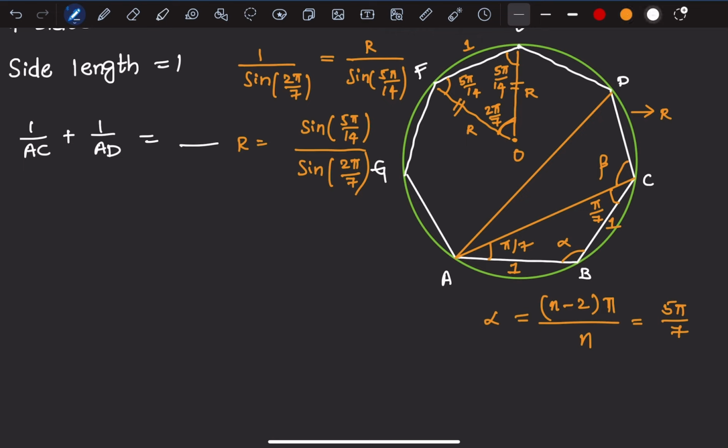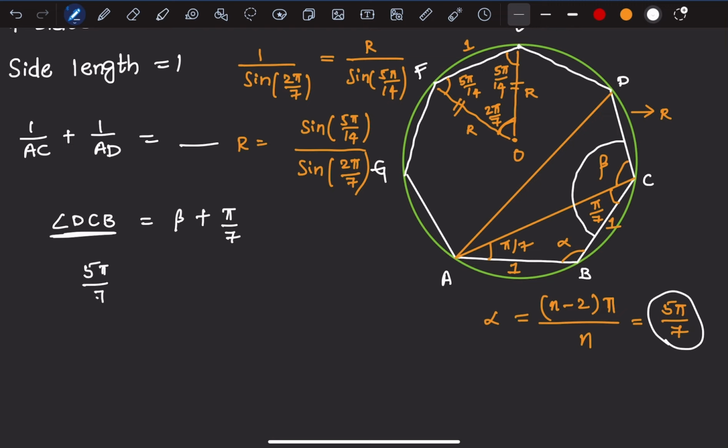The total angle DCB is equal to beta plus pi by 7. But DCB is the internal angle of the regular polygon, so 5 pi by 7 is equal to beta plus pi by 7. Therefore beta is equal to 4 pi by 7.